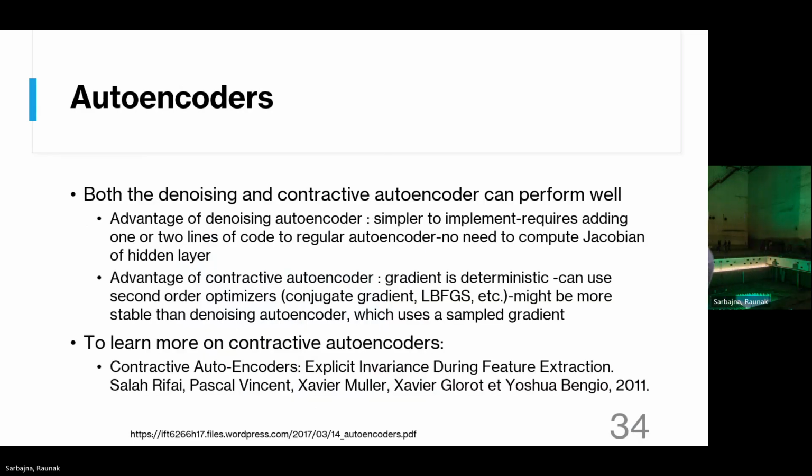So I didn't talk about this, but denoising and contractive autoencoders, the advantage of these is that the output you get from all these different models is stable, right? If you give 2 more images to train it, suddenly your output won't be 50% different, which is a problem with a lot of classifiers.